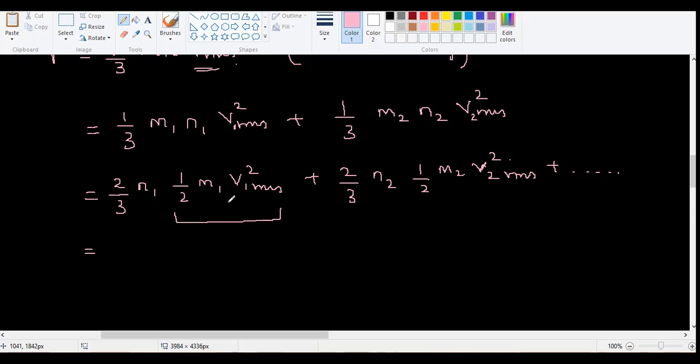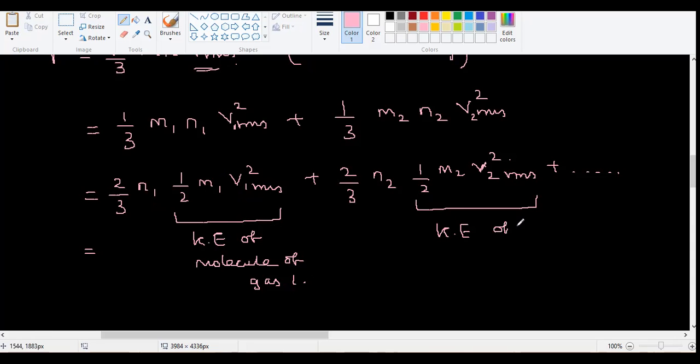So this is kinetic energy of a molecule of gas 1. And I'm going very slow, because it's not a very intuitive thing. So you have to understand the steps properly. Kinetic energy of a molecule of gas 2.